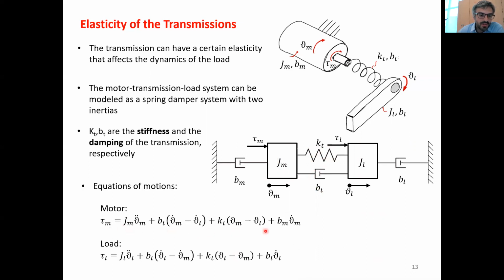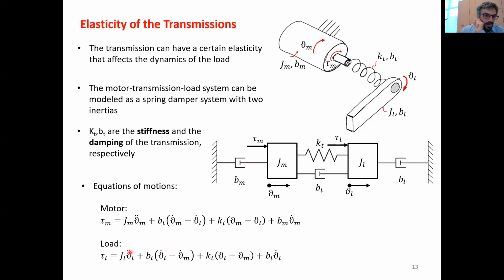And the equation of motion, in case of doing this modeling, increases the number of states, because we no longer have only the motor position and velocity states that reflect into the load through simple multiplication by the gear ratio.